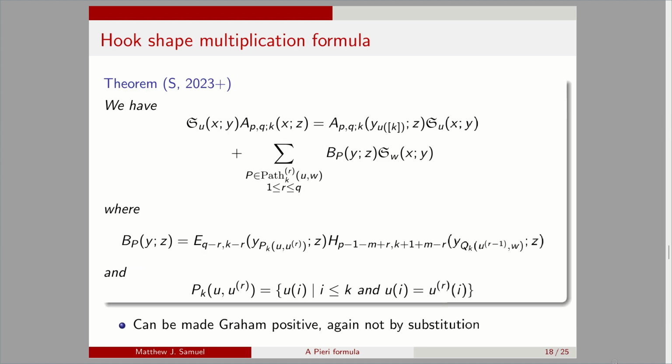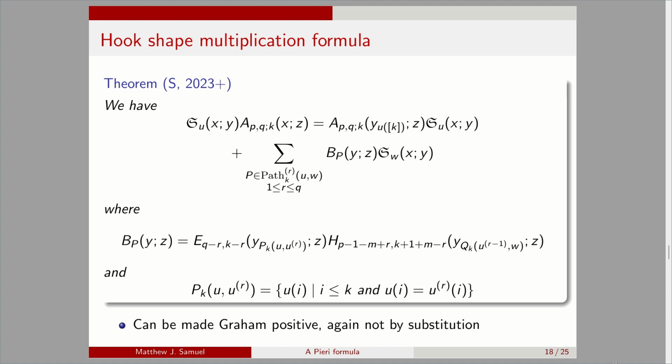Given this definition, we can define the hook shape multiplication formula. S_u of x, y times a_{p,q,k} of x and z is equal to, first, the term S_u of x and y, and that's a_{p,q,k} of y_{u(k)} of z, so we're just permuting the indices.